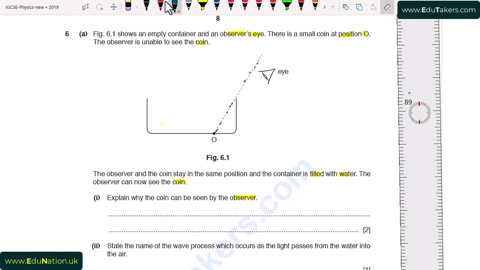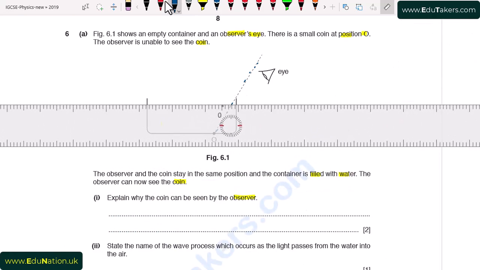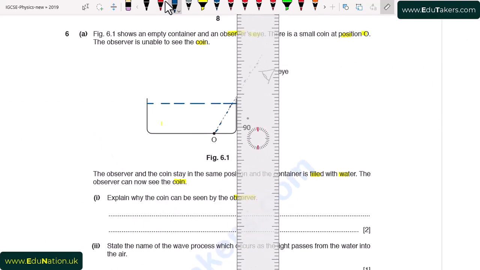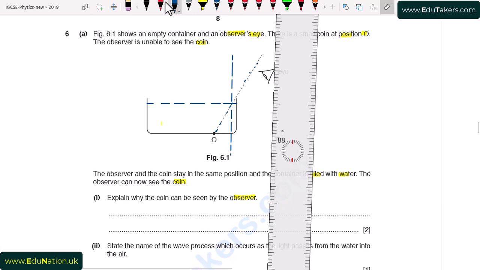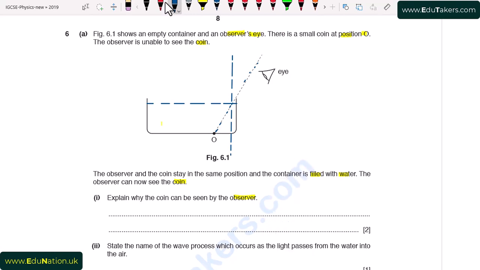So first of all, I draw a surface. And draw normal to this surface. So we can see from here that the ray is coming and this is the incidence angle and this is a refracted angle.